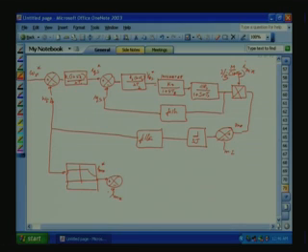Okay. This will give to one controller that will give our IDS reference, that is K4 into (1 plus ST4) divided by ST4. This will give our IDS reference. IDS reference minus IDS feedback.